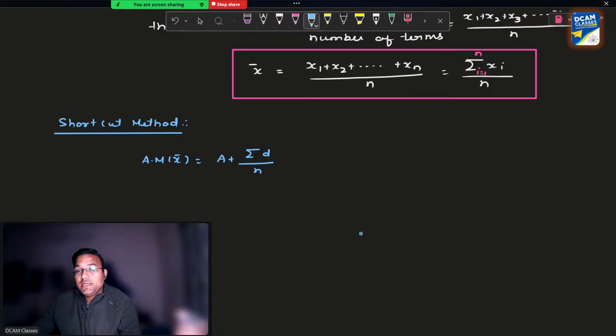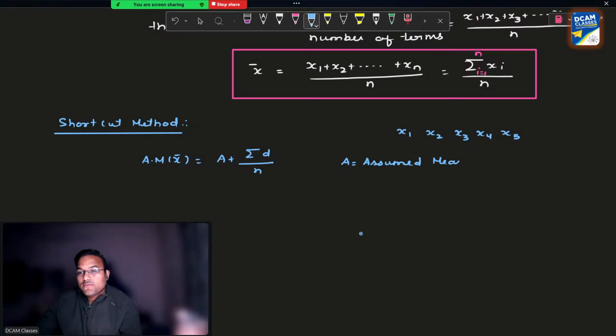Suppose you have been given different distributions like x1, x2, x3, x4, x5. So A is what? A is the assumed mean. What is this assumed mean? The middle value, x3.